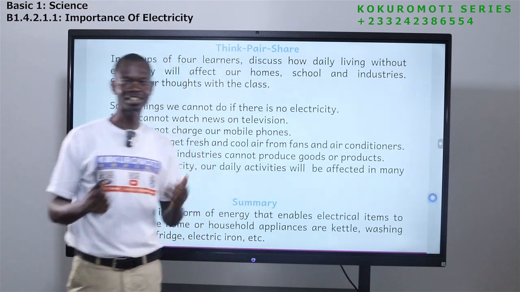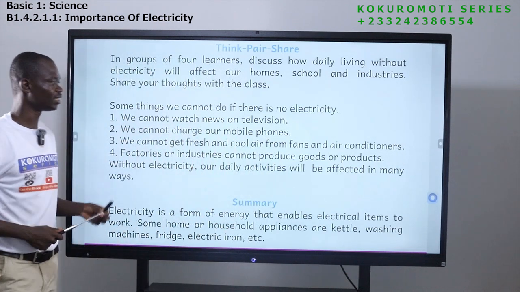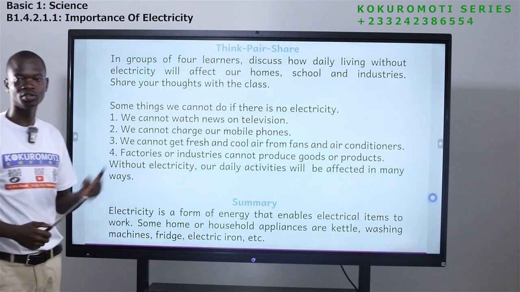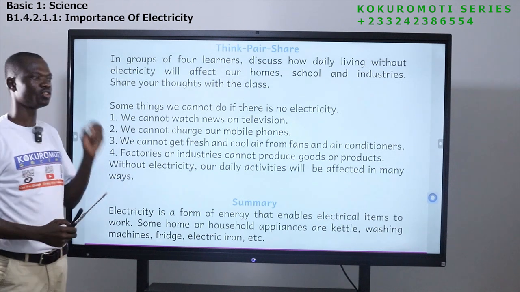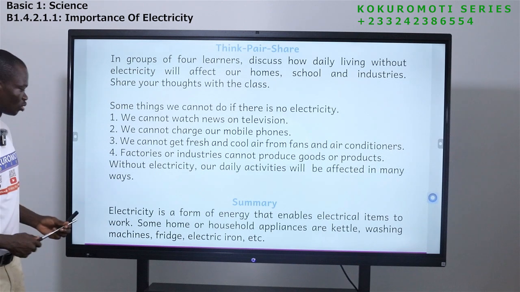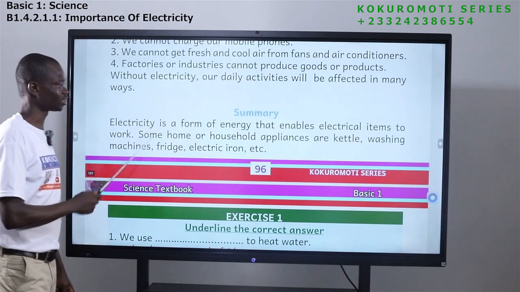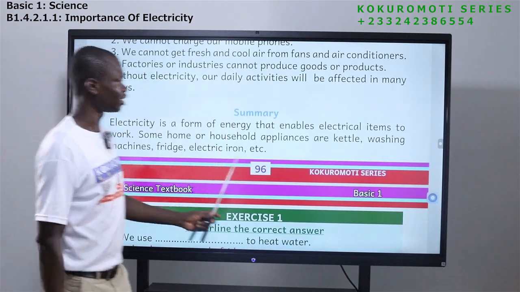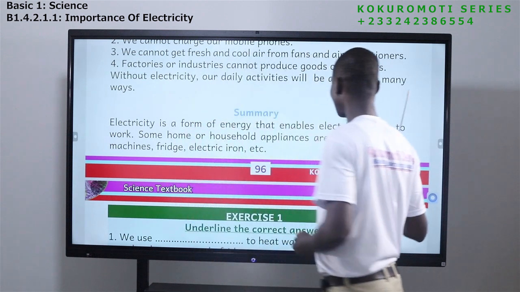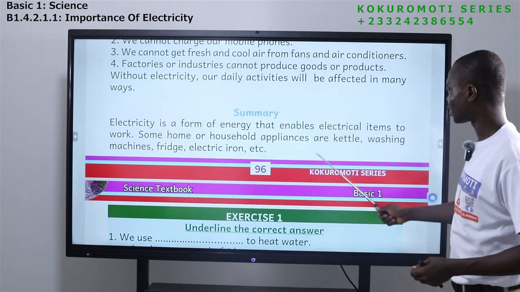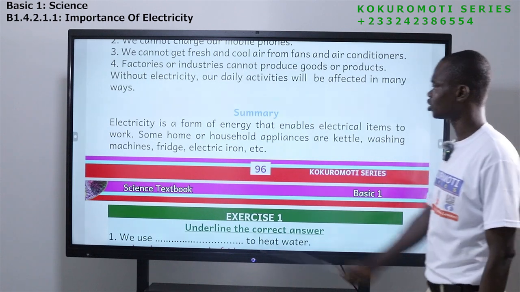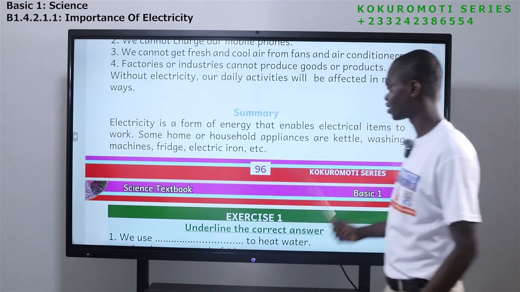We have looked at the examples, and we are saying that electricity is so important. We use it to do so many things, and there are some things we cannot do if there is no electricity. So today we are saying that electricity is a form of energy that enables electrical items to work. Some household appliances are kettle, washing machine, fridge, electric fan, and the rest.